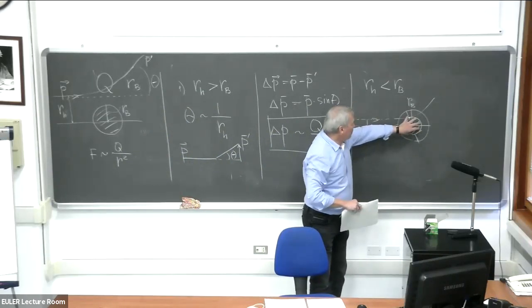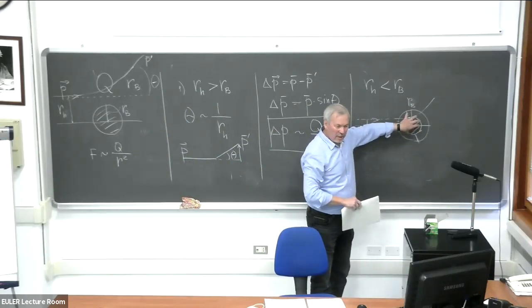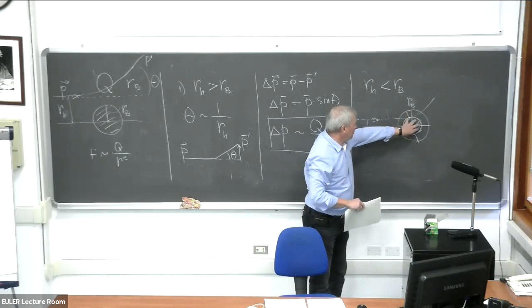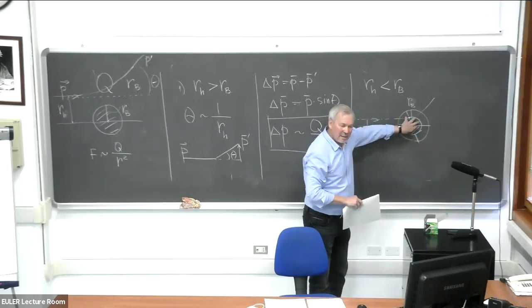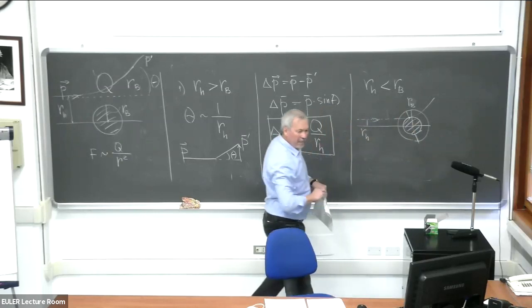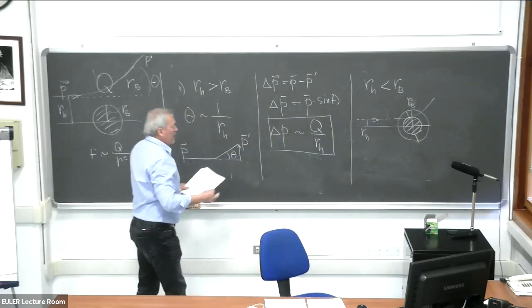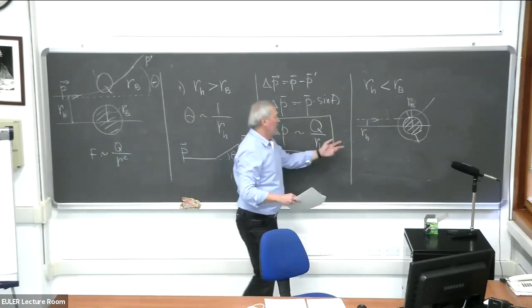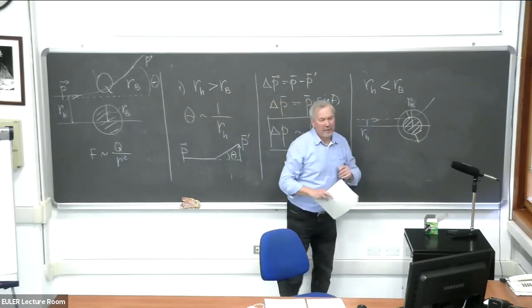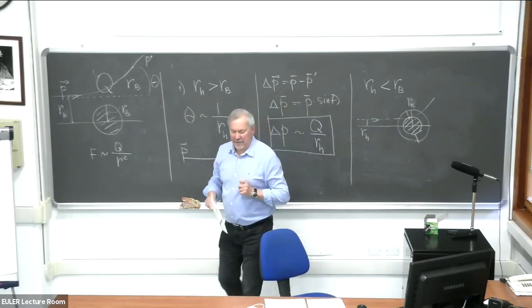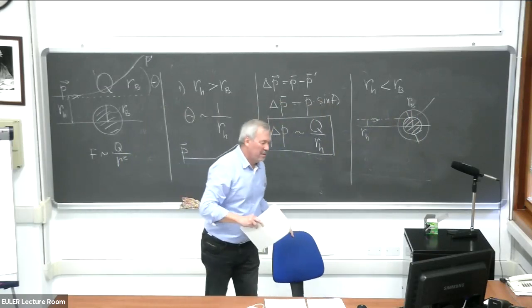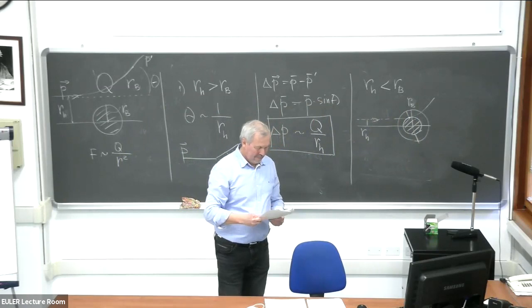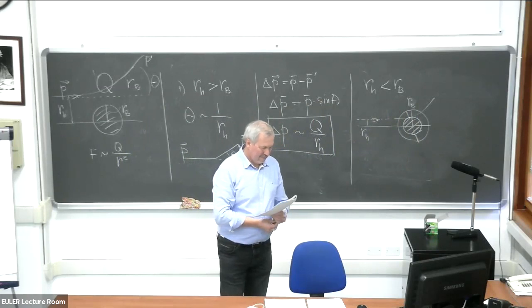And therefore, the only thing that affects the motion of our probe particle is the charge inside this sphere, which is smaller than the total radius. And this, of course, happens when the impact parameter is smaller than the radius of our scatterer. Questions? It's clear?